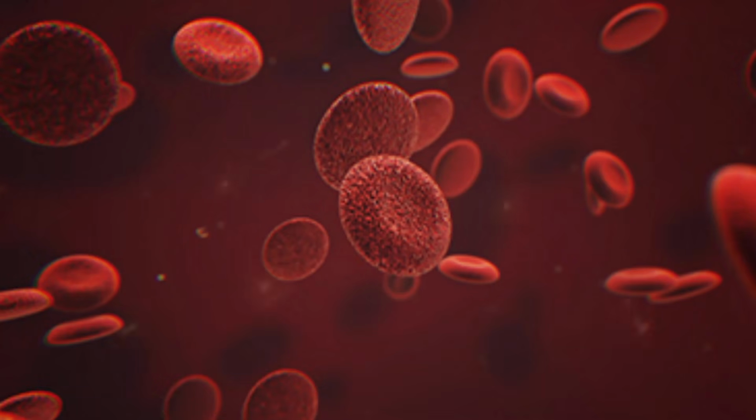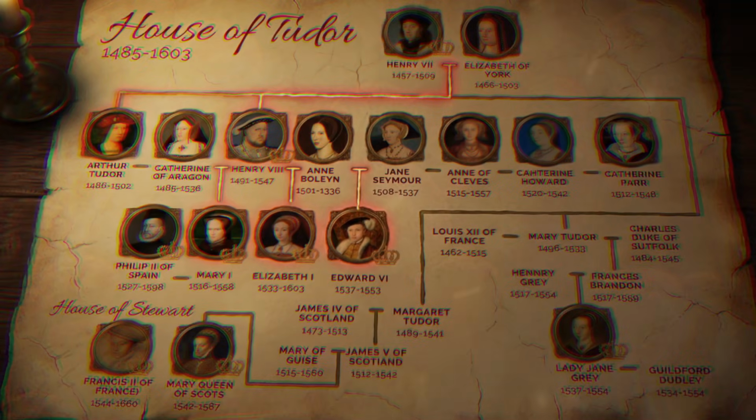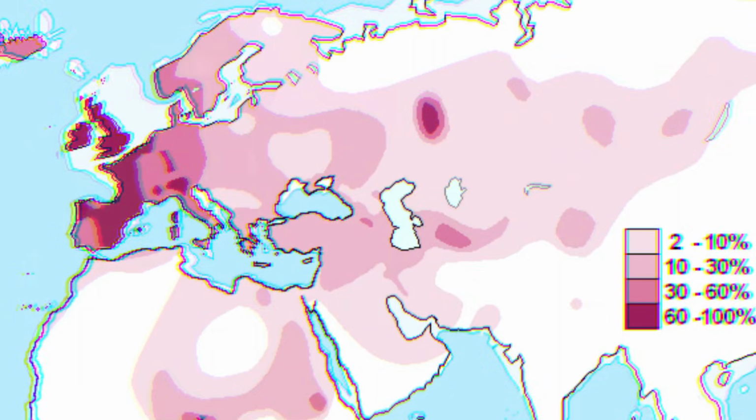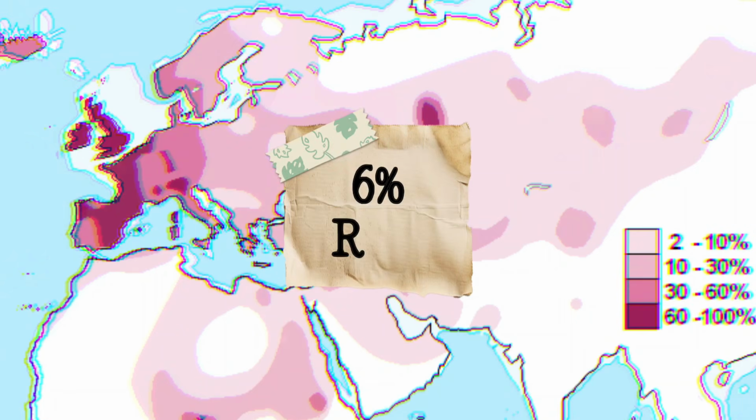Rh negative is a recessive trait. To have it, you must inherit a silent, non-functional copy of the gene from both parents, which means it can hide in a family line for generations, invisible, waiting. And its distribution across the world is deeply strange. Globally, only about 6% of humanity is Rh negative.